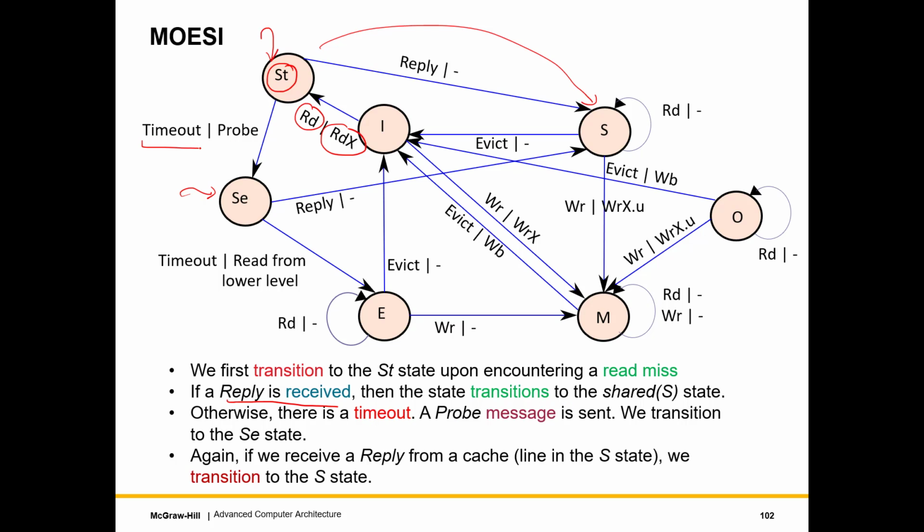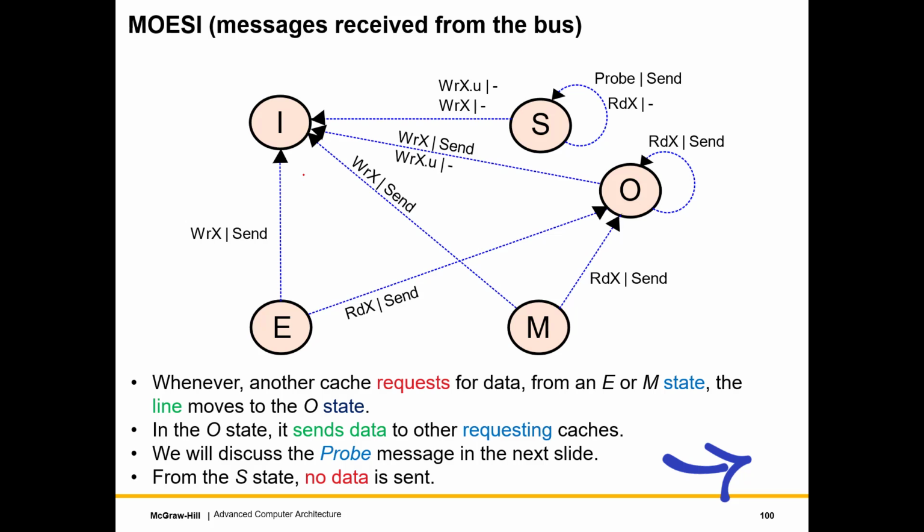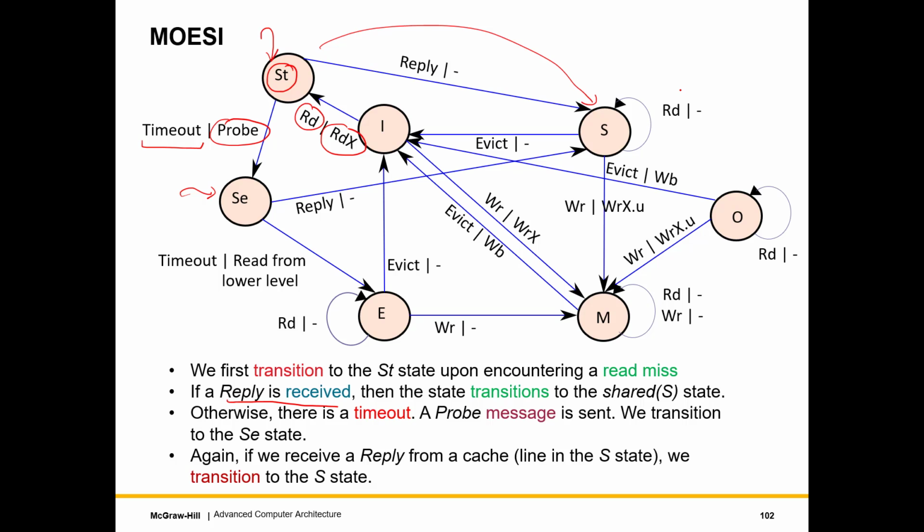Otherwise, there will be a timeout in the ST state, which means that, look, I waited and I didn't get anything. So if there is a timeout, a probe message is sent. You recall that original probe message, where if a probe message comes, then from the S state we send a copy of the block.